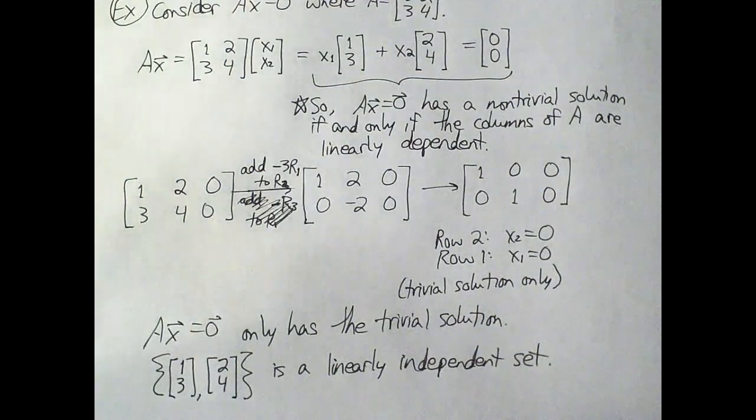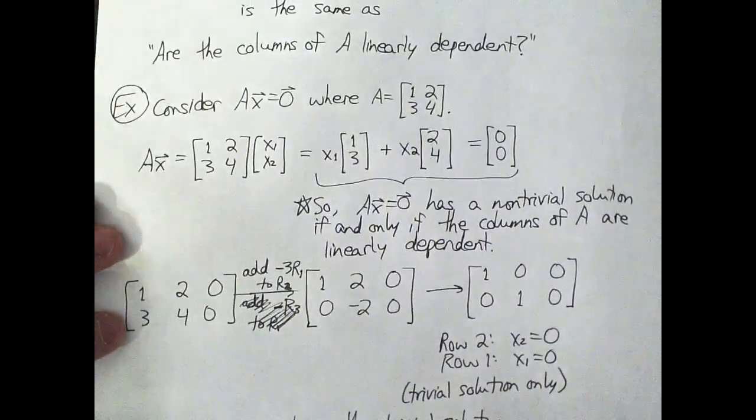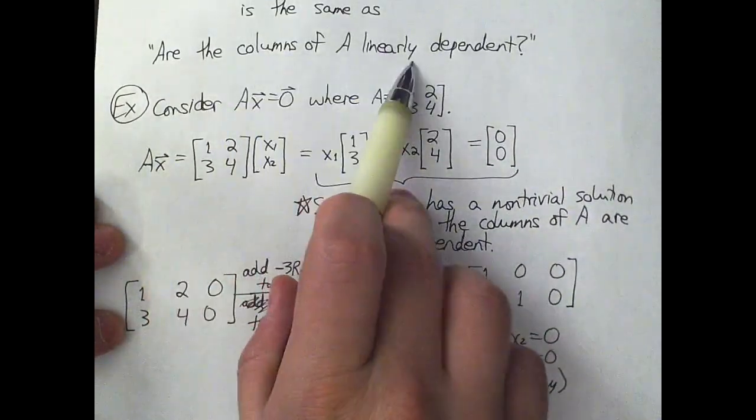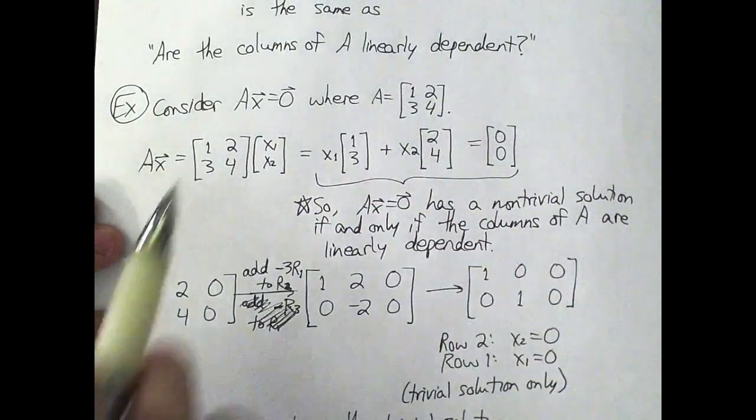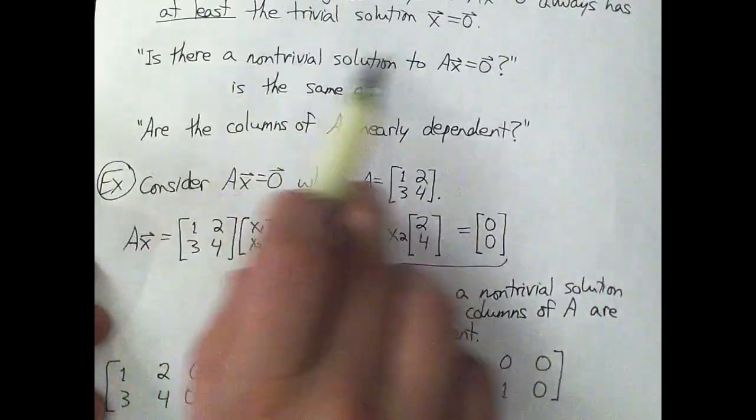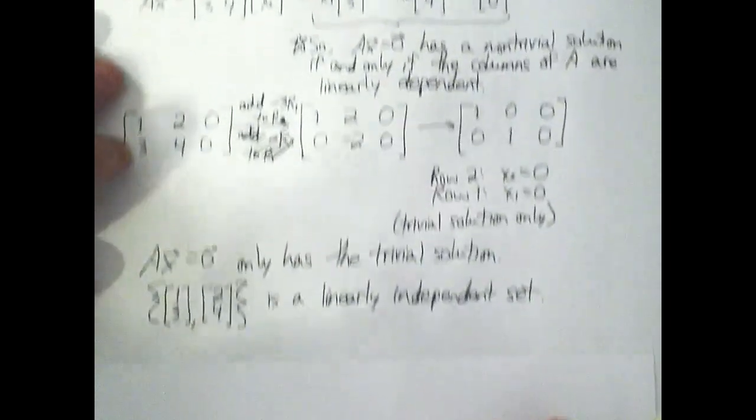So what we'd like to do next is come up with some shortcuts and some rules and some theorems that help us tell whether or not a set is linearly independent, especially because there seems to be this connection between a set being linearly dependent or independent and a system having solutions or not.